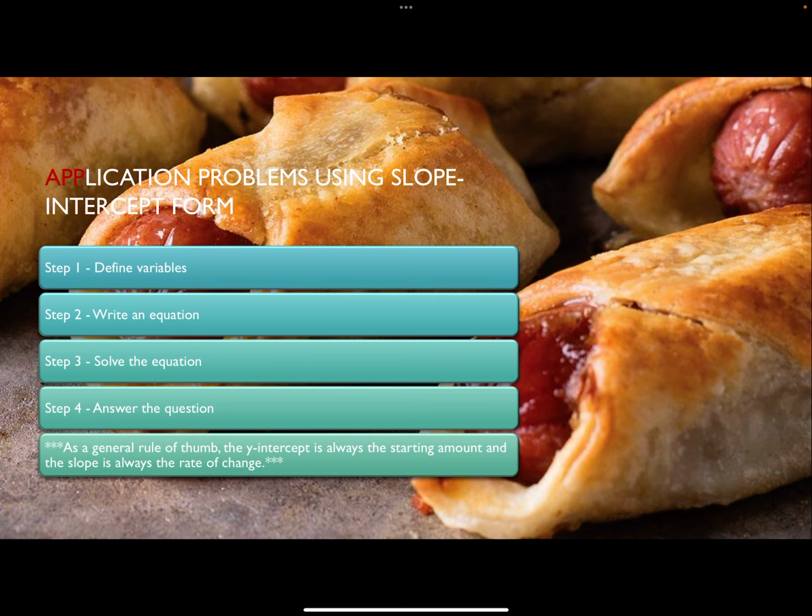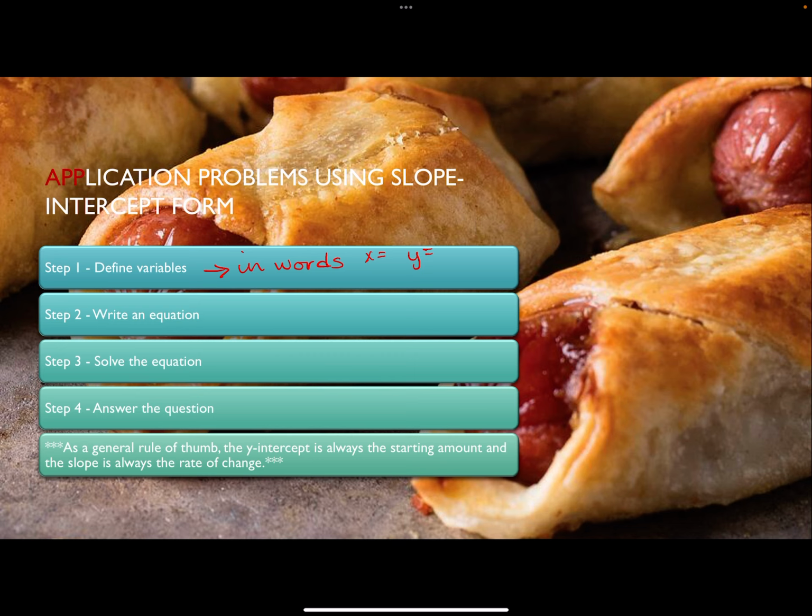As a piece of advice, a variable is something that can change, and you're defining these in words. So you're writing down in words what X means and what Y means. To figure out what that X and Y is, it's something that could change.